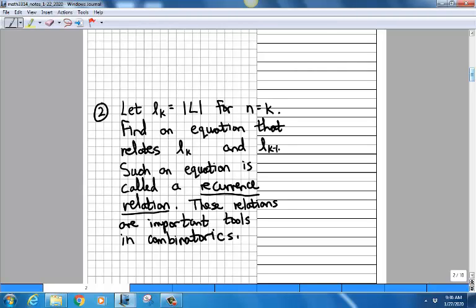Combinatorial games are two-player games that do not involve chance. They don't involve rolling a die or drawing a card from a deck or anything that involves a random occurrence.